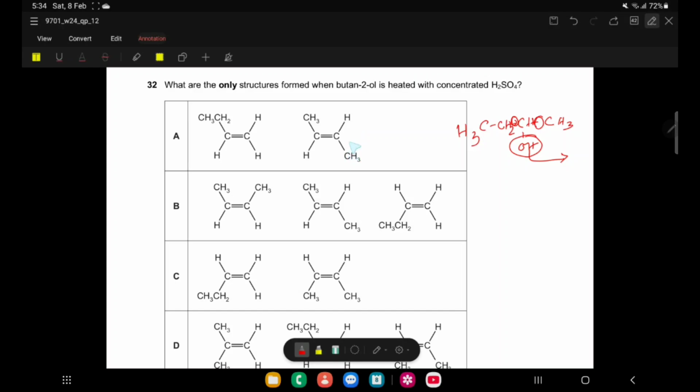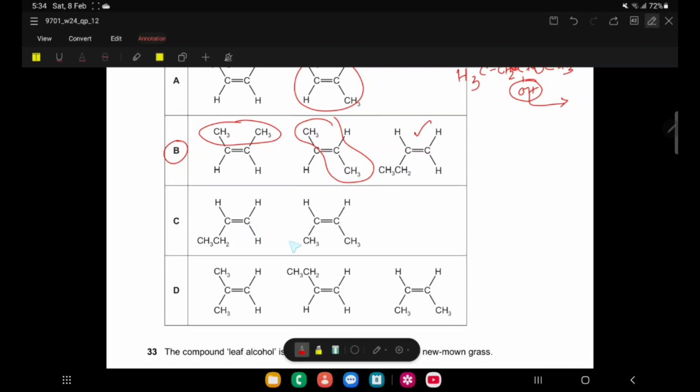So definitely another structure for this one is possible, right? Cis-trans, if you think about that, like here both are on the same side and these two are on the opposite side. Okay, so one is cis, another one is trans.